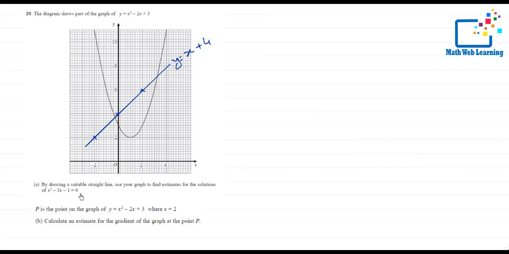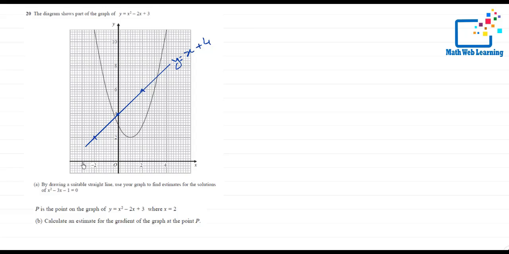It asks, by drawing a suitable straight line, use your graph, the given graph, to find an estimate to the solutions of x squared minus 3x minus 1 equals 0. Now this graph is for this function, this expression. How do you get from here to there?